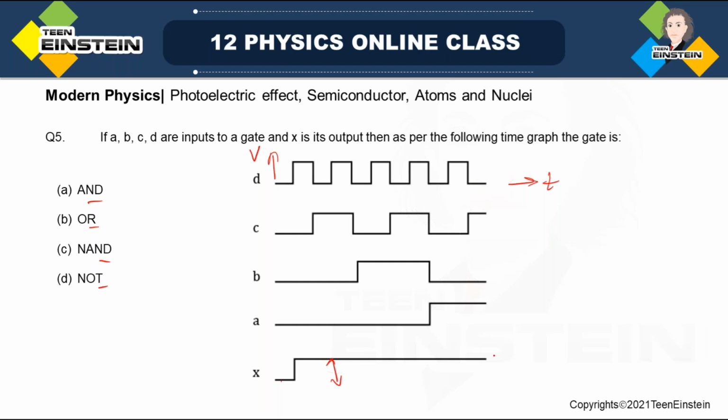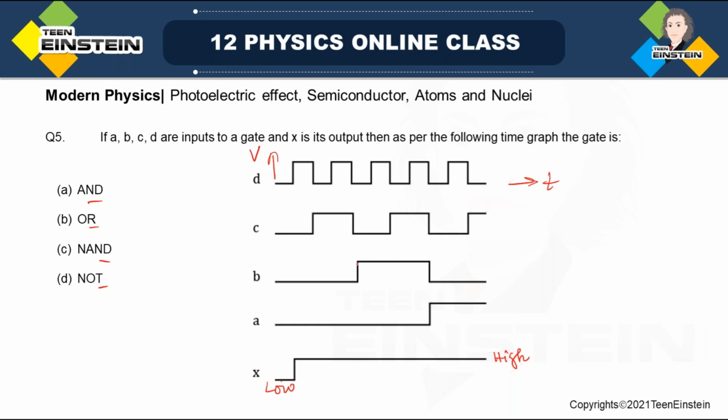I can say this is high, and this is the low. So here you have to recognize which gate it is. If we have this kind of inputs, all 4 inputs given to the gate simultaneously, and we are getting this kind of output.